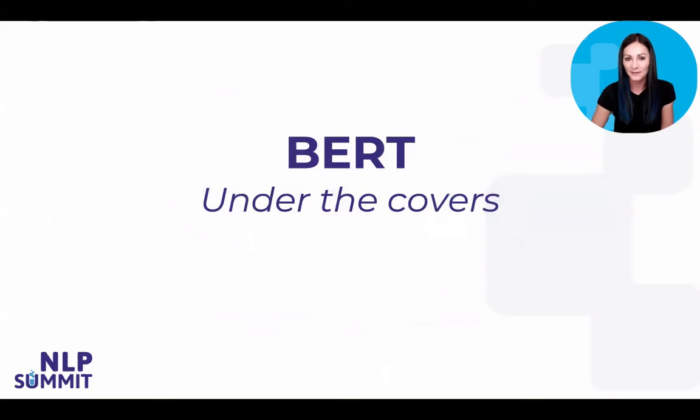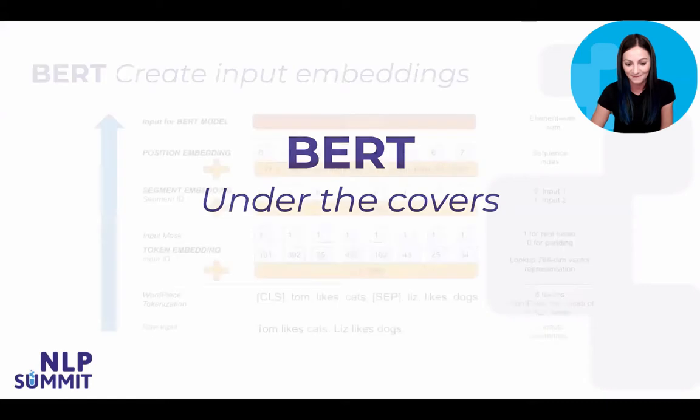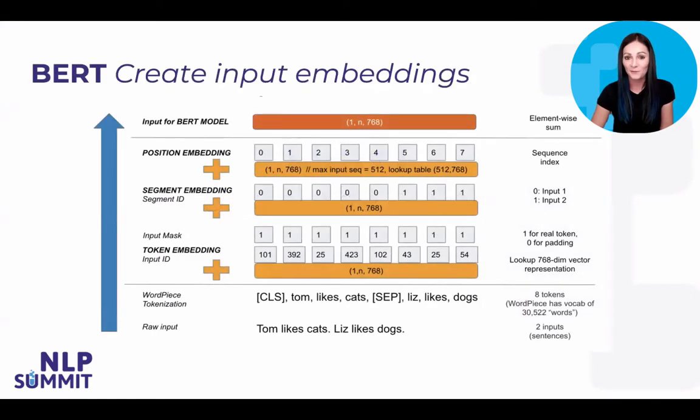So let's have a quick look how BERT works under the covers before we start visualizing. So the first step is really creating those BERT embeddings. And here you can see the flow starting from bottom up. So at the bottom, you see the raw input, which is, for example, two sentences: Tom likes cats, Liz likes dogs. And the first step is then to tokenize, if you remember.